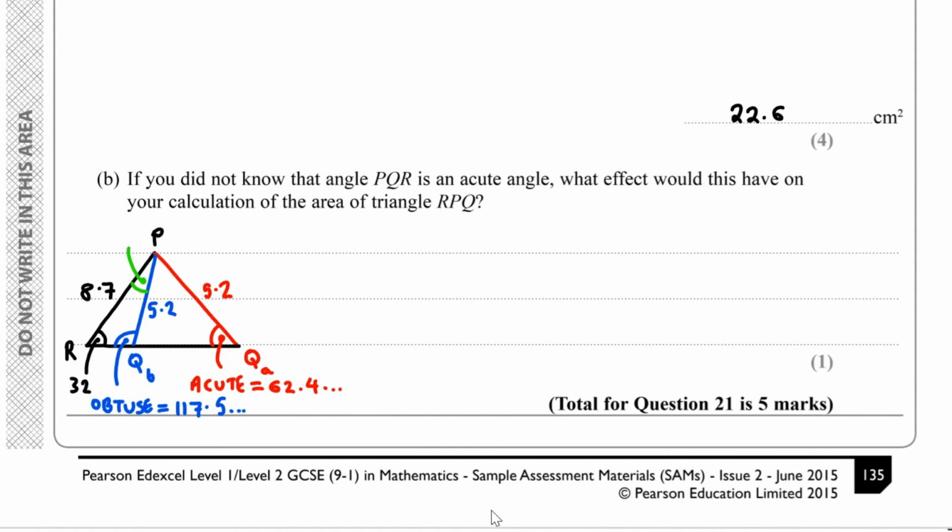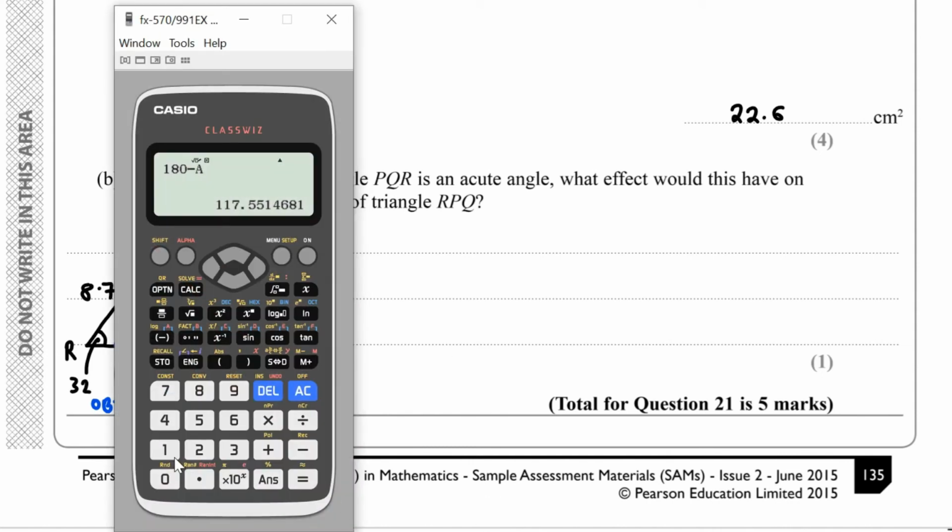This angle here would be 180, take away the 32, take away the answer we've just found here, which is 30.5, 0.4, etc. Okay?